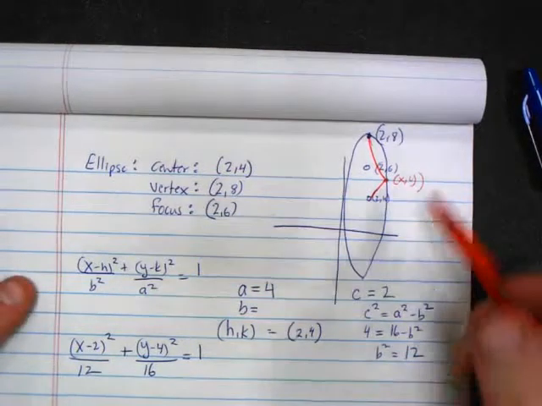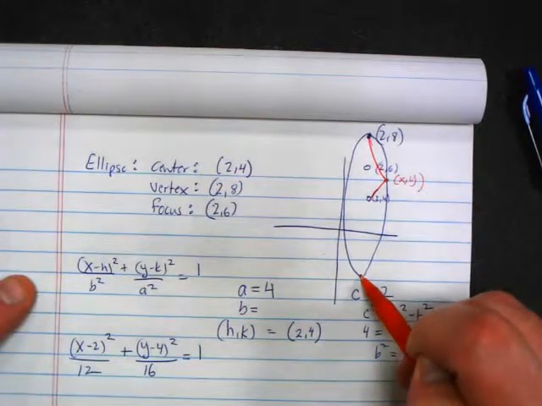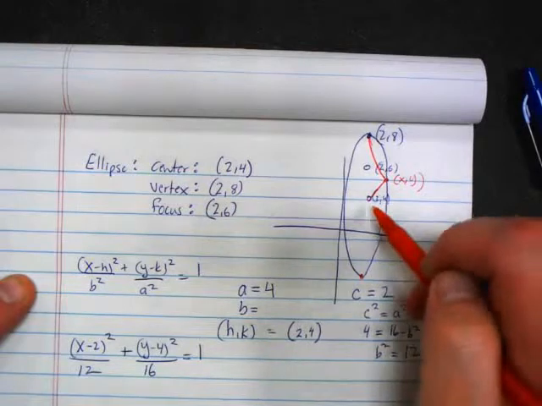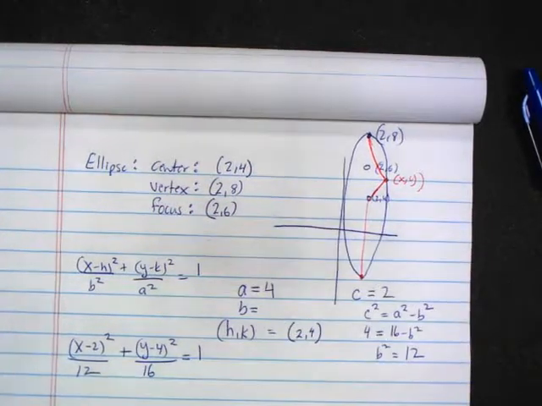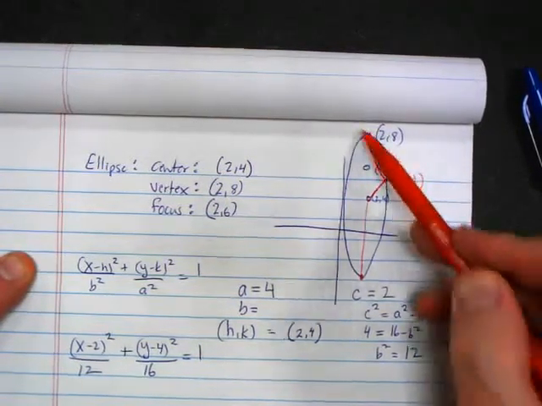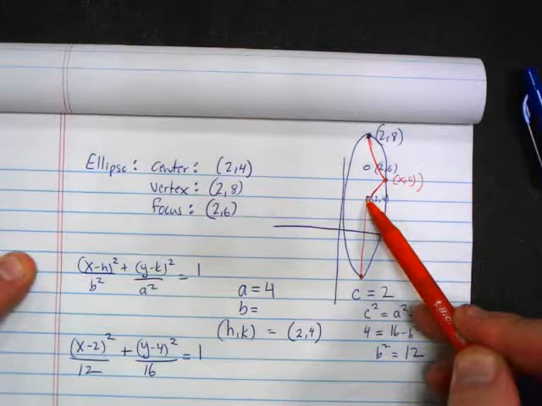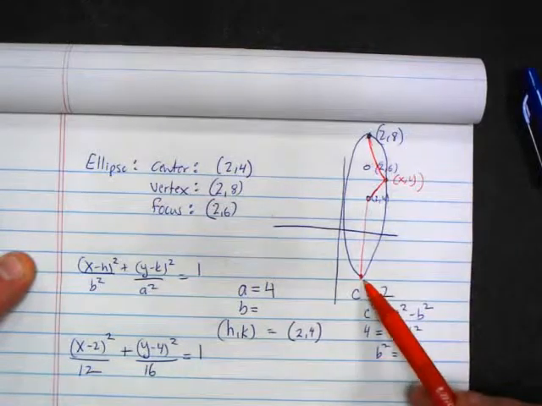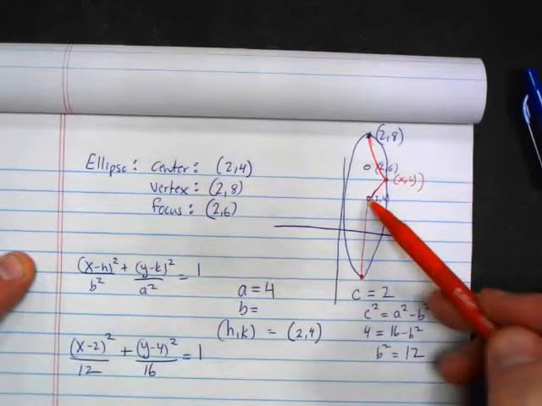If you pick any other point, such as this one, then it has to be the exact same distance, because that's the definition. If you take the distance from any point and add them together, you get half the length of the major axis.